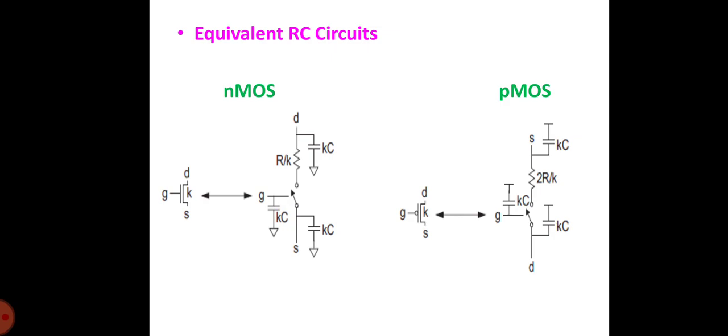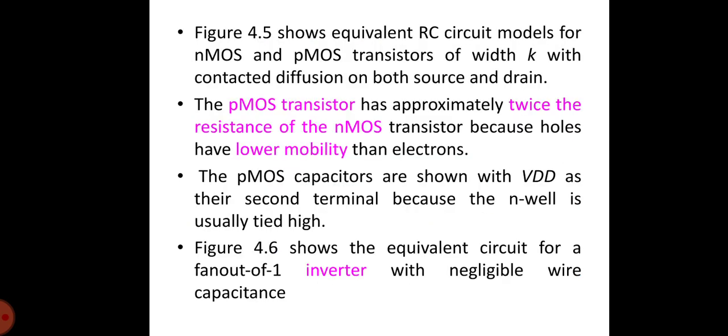The diagram shows the equivalent RC circuits for NMOS and PMOS transistors. The NMOS transistor has a switch, on the gate side we have the capacitance KC, on the source side we have the capacitance KC, and on the drain side we have a resistor and capacitor. Similarly, you can see the equivalent circuit of a PMOS transistor here.